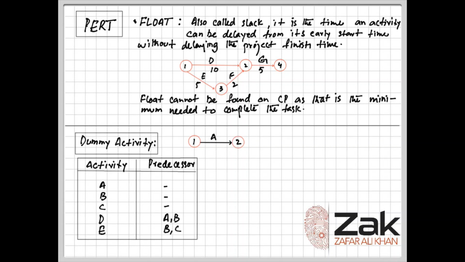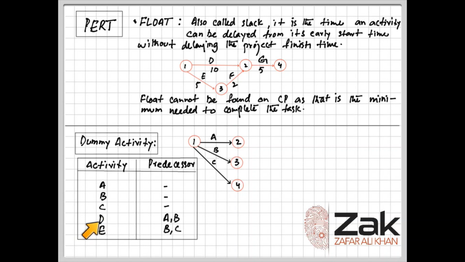A will start from 1 to 2, then B will also start from 1 to 3. As I told you, every subsequent node would have a serial number which is furthering from the previous one, and then we have got C, which is also starting from node 1. So all these A, B, and C are starting from the first node, as they don't have any predecessor.